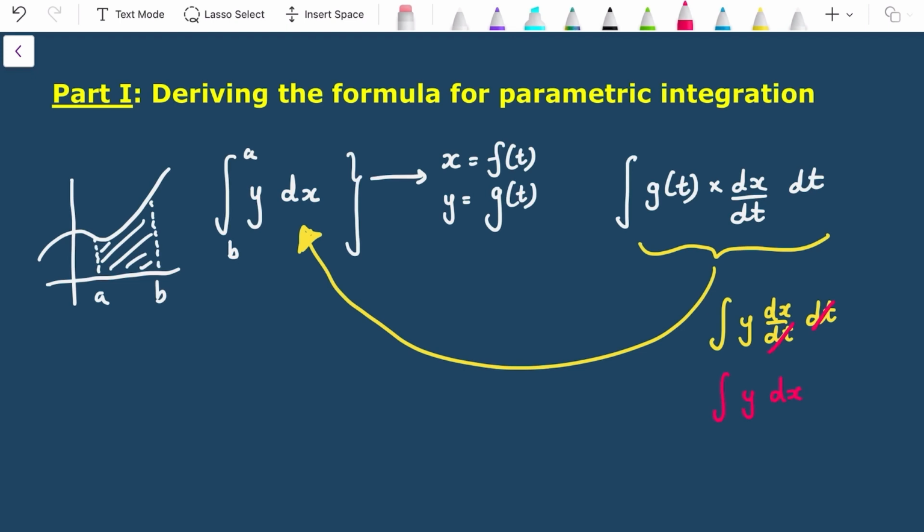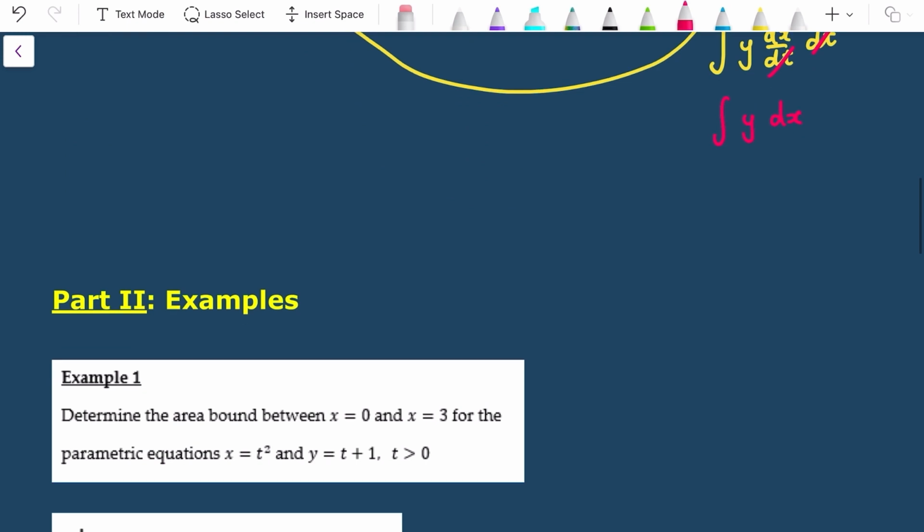And so there we have it. We are going to use this formula in order to integrate our parametric equations. Of course, you can turn parametric equations back into a Cartesian equation where you have y as a function of x, but that's completely unnecessary. Okay, so let's have a look at a few examples here.